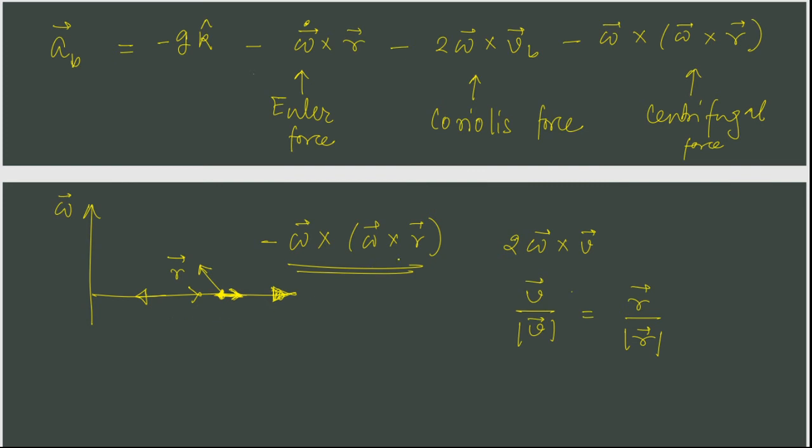In that case, the omega cross v would be along this direction, but we have a negative sign in front of that. So we will get the fictitious force along this direction, the direction shown by the arrow. Of course one has to multiply this by the mass. So it would be towards the right. If it is towards the right, that means if you have a particle thrown outward, then it should move towards the right. That is what is indicated by this force.